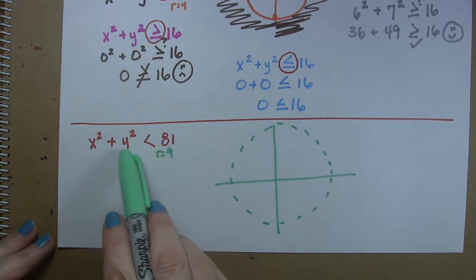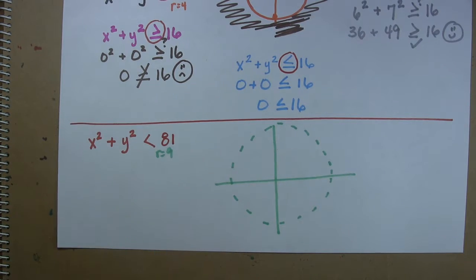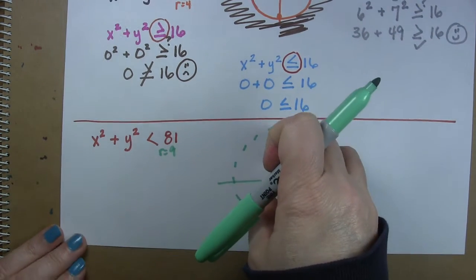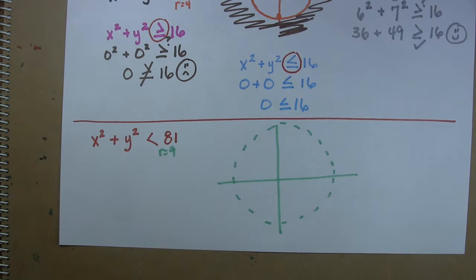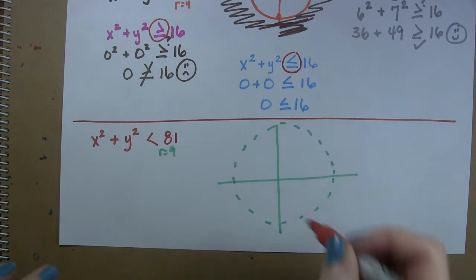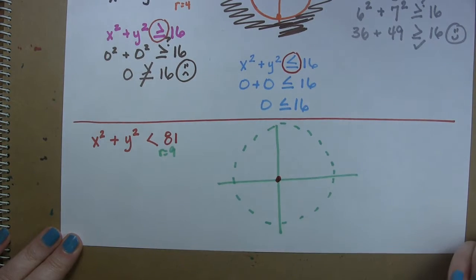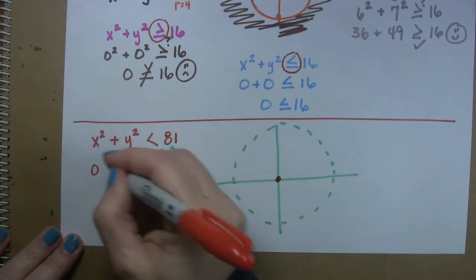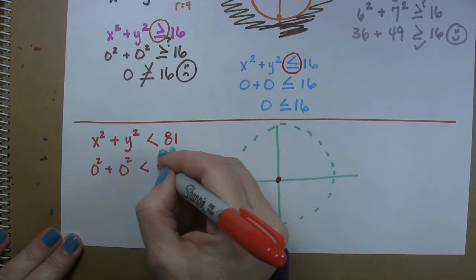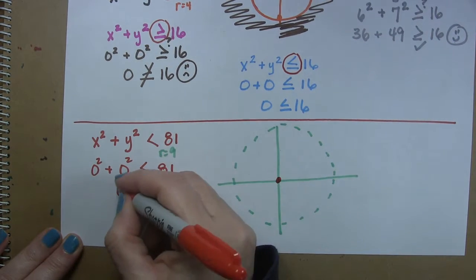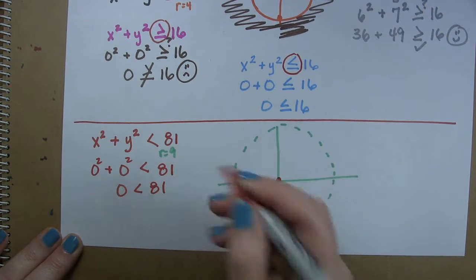now we want to know which points satisfy this equation. Is it the points on the inside of the circle or is it the points on the outside of the circle? Well, let's just pick a point. And again, because I am a creature of habit, I'm going to pick 0, 0. So we would have 0 squared plus 0 squared. Is that less than 81? Well, yes, it is, because 0 is less than 81.